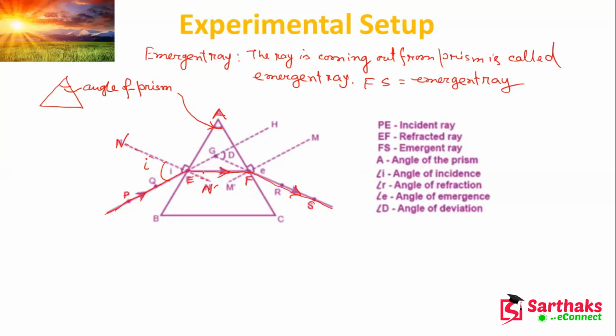The angle of emergence is this angle, called E. For the angle of deviation, suppose the incident light penetrates straight forward, then this would be the line, but the new emergent path is this one.